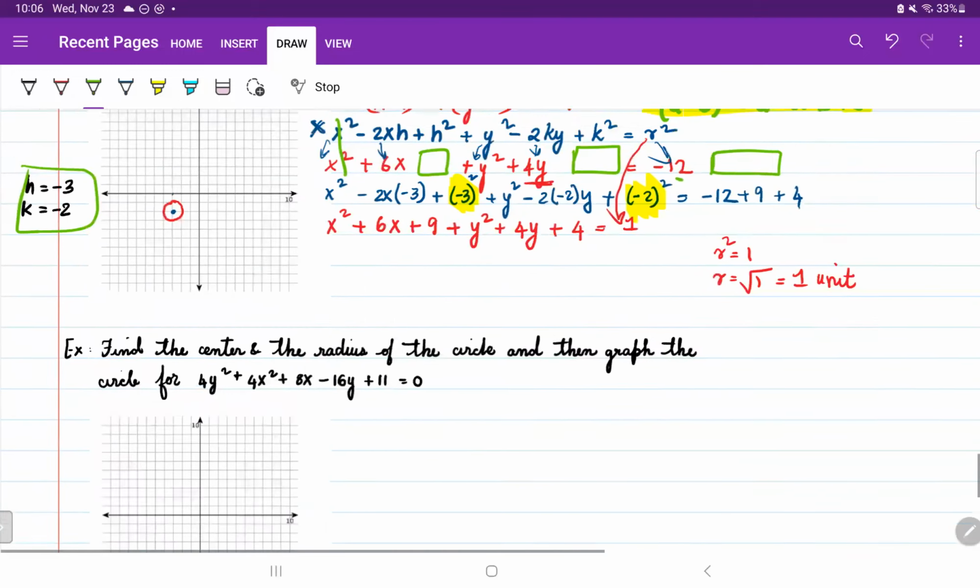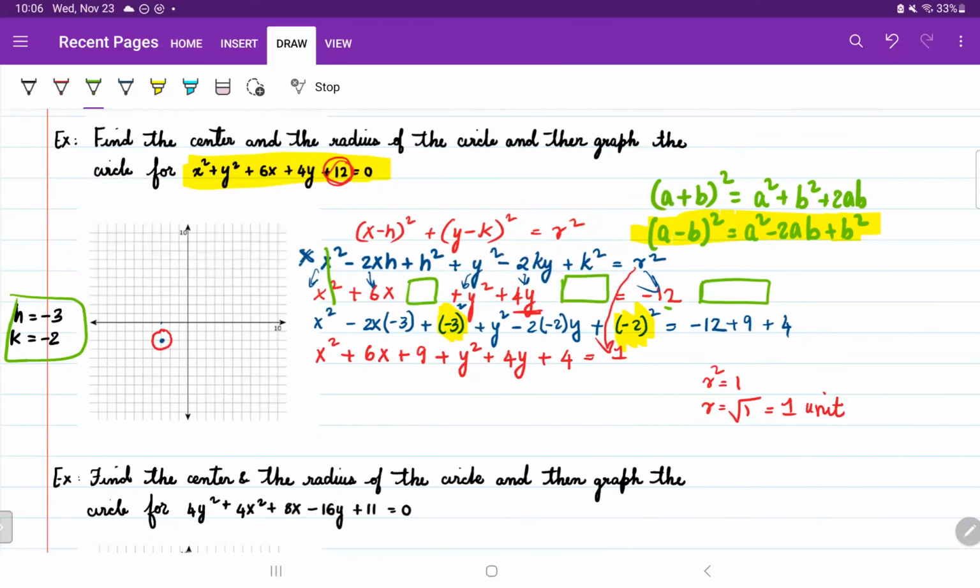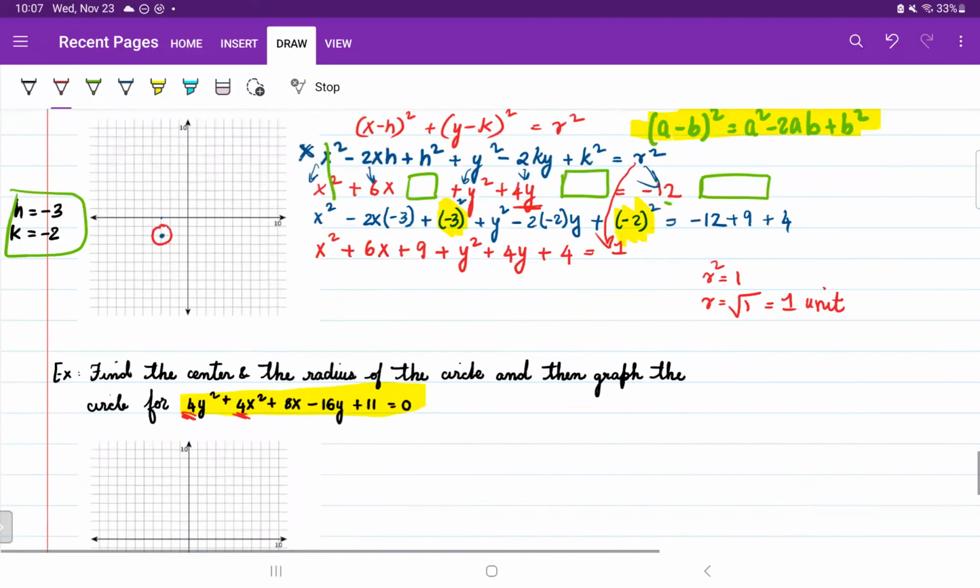If you look clearly, the difference between this equation and this is that here x squared and y squared have no coefficients, but here you see x squared and y squared have coefficients. So now we will see how to deal with equations where x and y have coefficients.